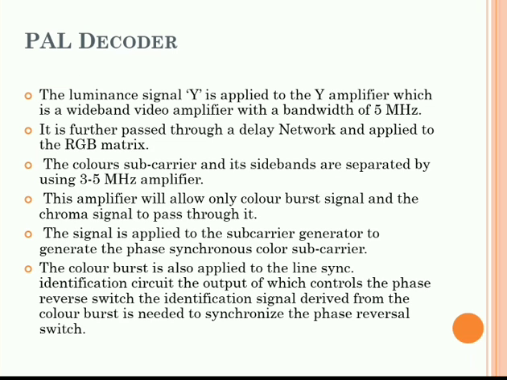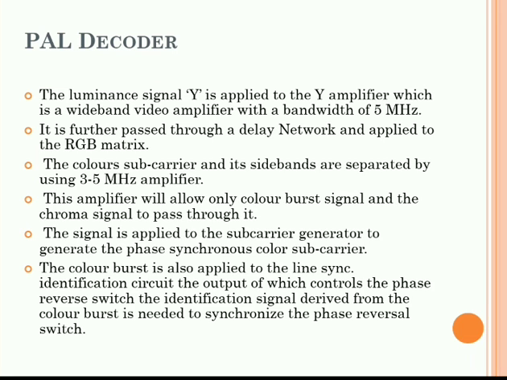Now let us see, the color subcarrier and its sidebands are separated by using the 3.5 megahertz amplifier. That chroma signal we apply to the 3 to 5 megahertz chroma amplifier. What will that chroma amplifier do? The color subcarrier and its sidebands will be separated in that chroma amplifier.